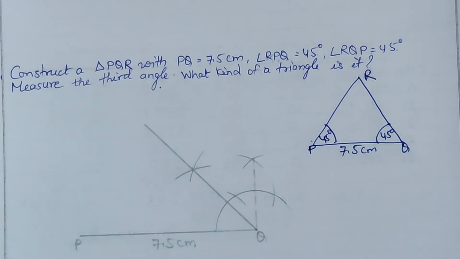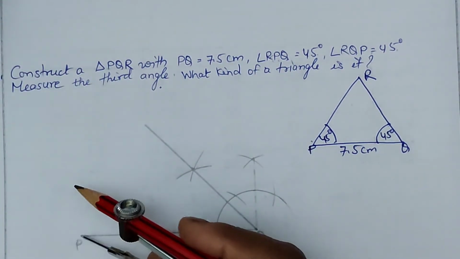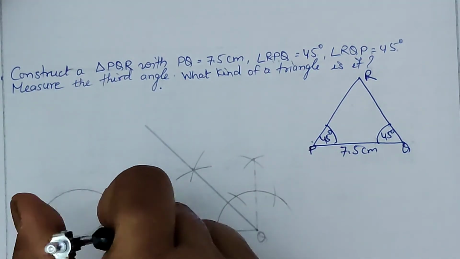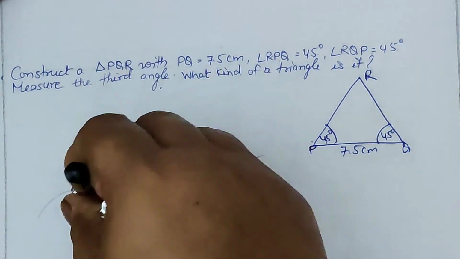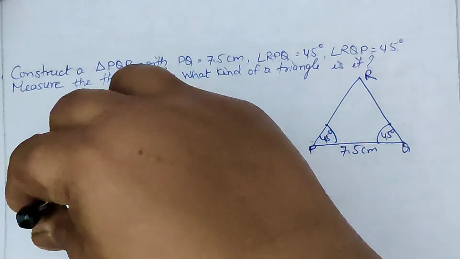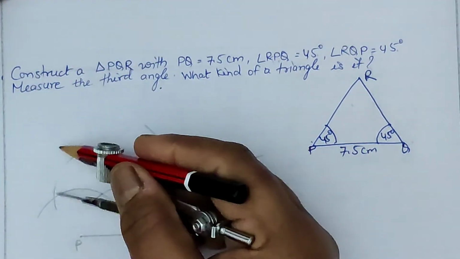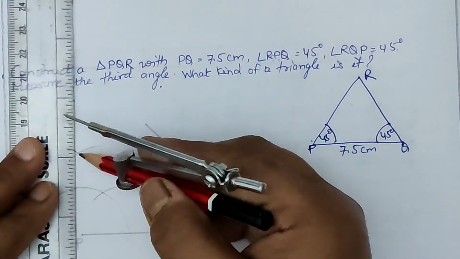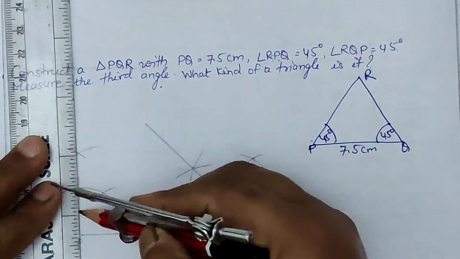Okay. Now at P, make an angle of 90 degrees, and bisect 90 degrees. We will get 45 degrees.